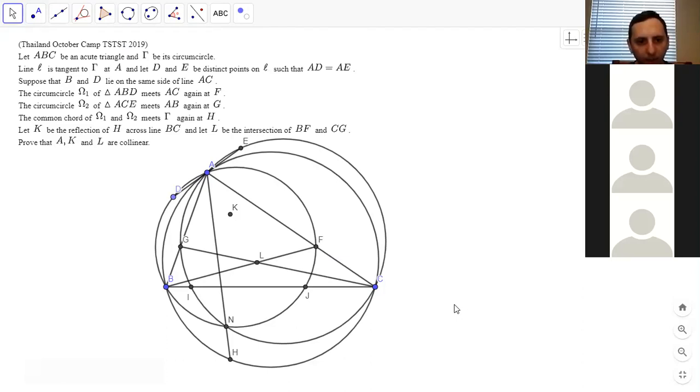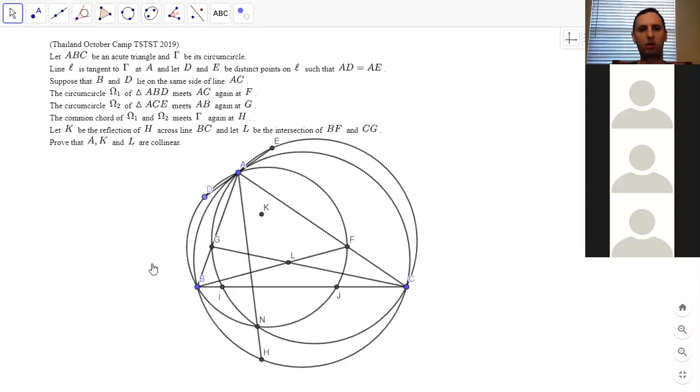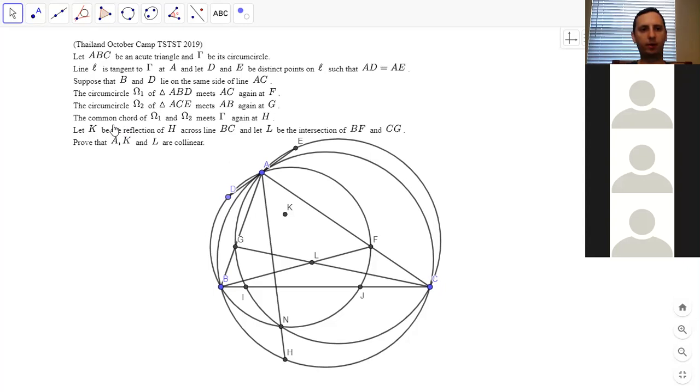As well as angle GIJ is equal to angle FJI, that is 180 minus angle BAC. So two triangles GIJ and FIJ are equal to each other. So that's we'll have GF parallel to IJ. Okay, I'm gonna write this up.